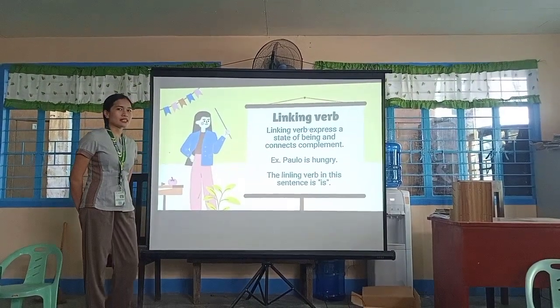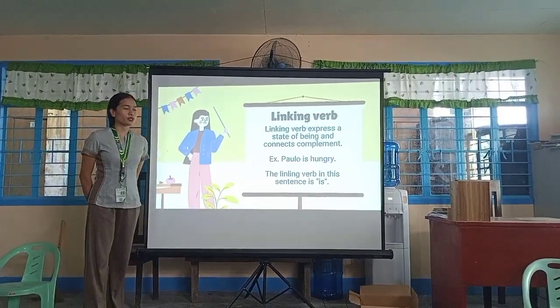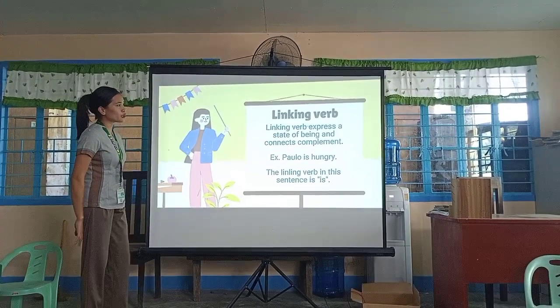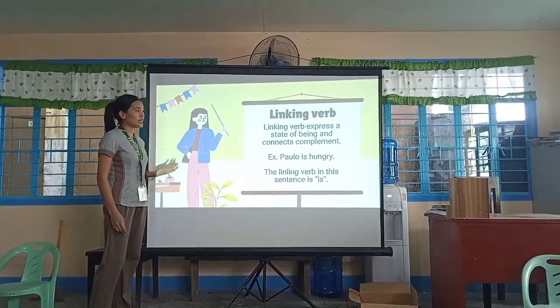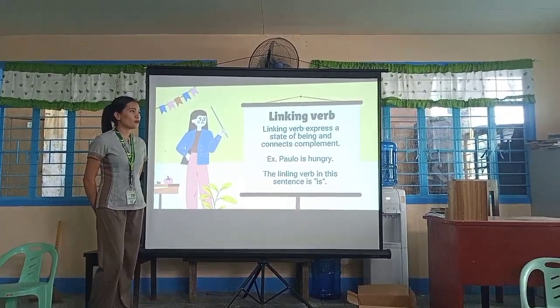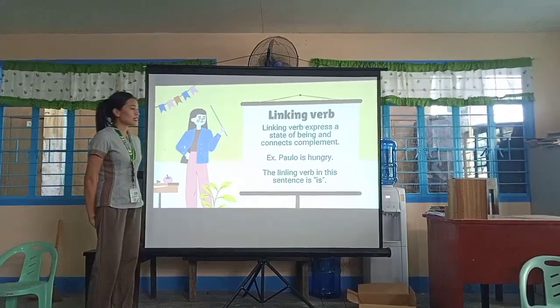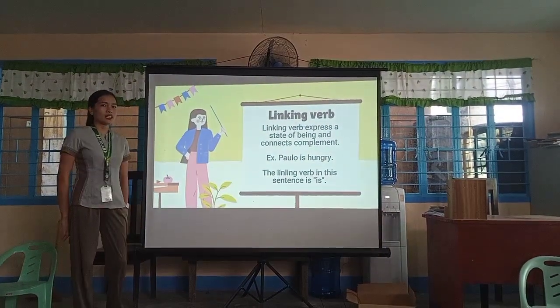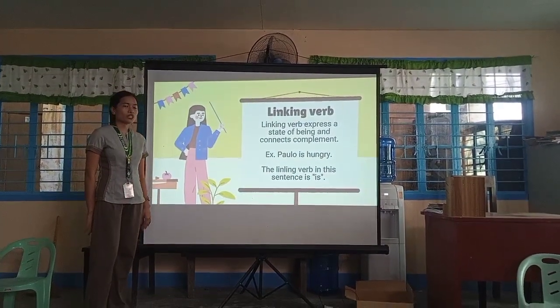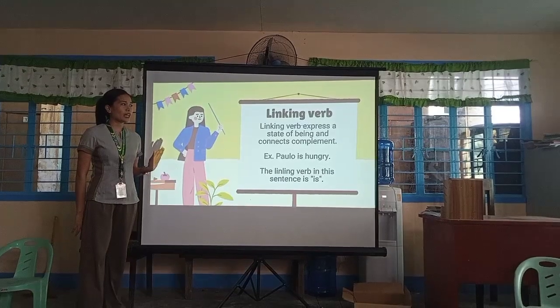Okay, next, let us define linking verb. A linking verb expresses a state of being and connects the subject to the complement. For example, Paulo is hungry. The linking verb in this sentence is "is," which connects the subject and the complement.